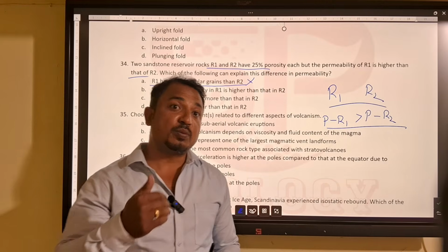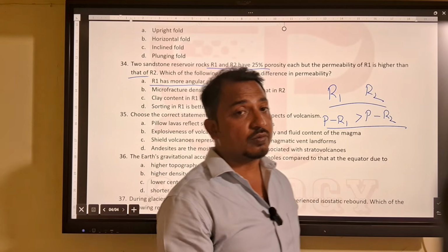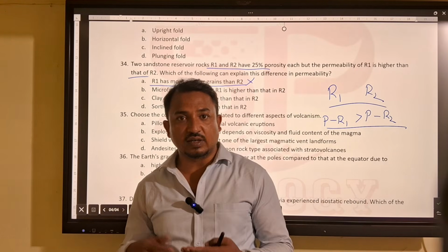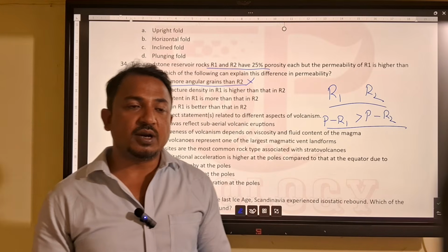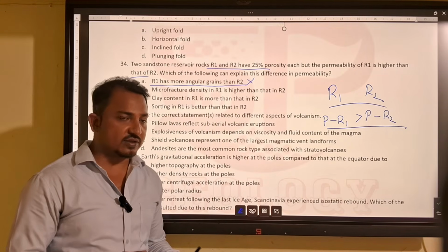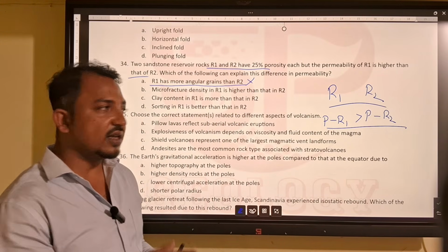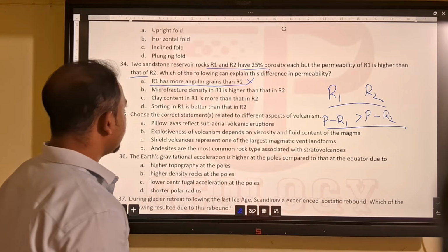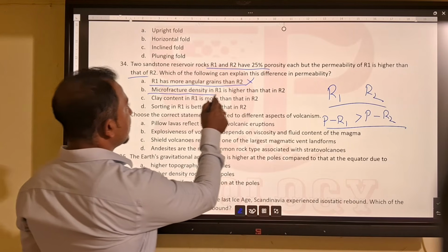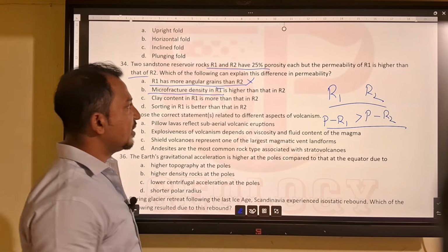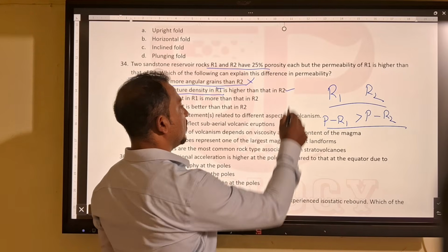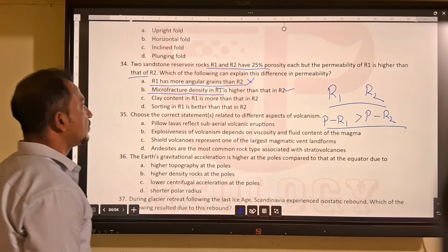Some can be produced after the formation of the rock. Rocks that are more crystalline, or you can say igneous rocks, have permeability because of the formation of fractures. So the fracture enhances permeability. So you can say microfracture density of R1 is higher than R2. It can be a feasible option. So this will be correct.